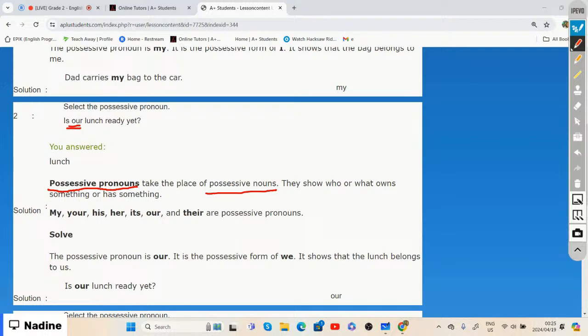It's our lunch. It shows something that we have, we own. So the word our is a pronoun, a possessive pronoun. So our is correct.